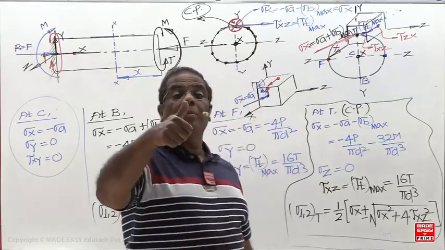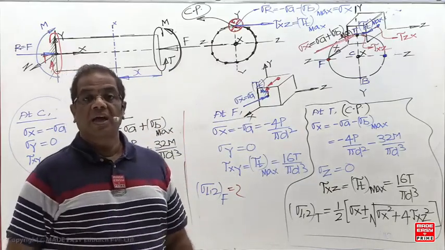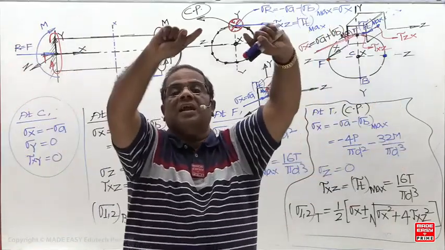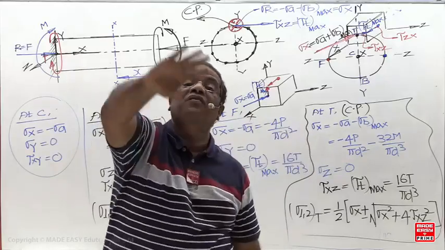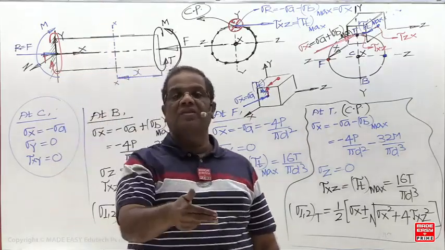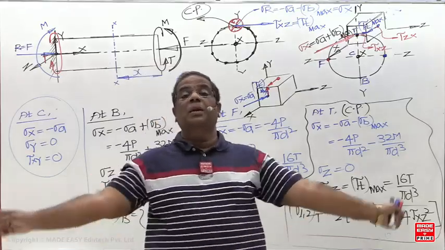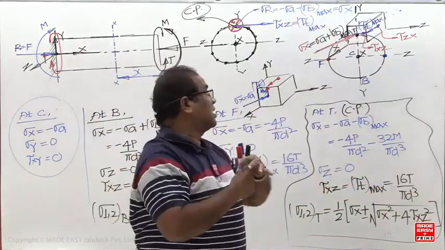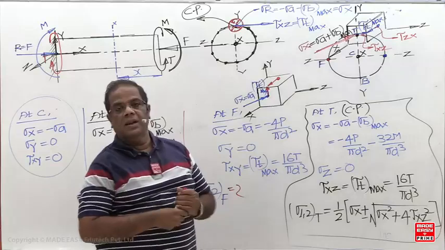So problem to problem, the critical point changes. If only axial load is acting alone, every point on that cross section is a critical point. If only vertical bending is there, the top and bottom are critical.